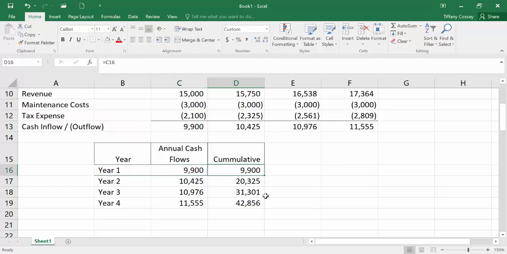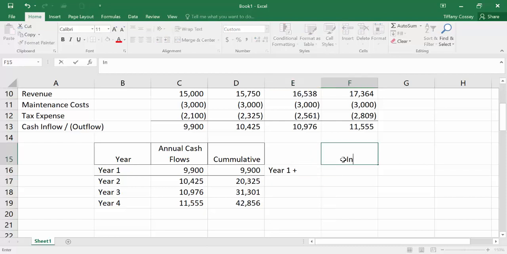Year one doesn't completely pay it back, year two more than pays it back. And so we know we're going to have year one plus part of another year. So to figure out how much of the next year it is going to take to pay back, we're going to have to do a calculation.